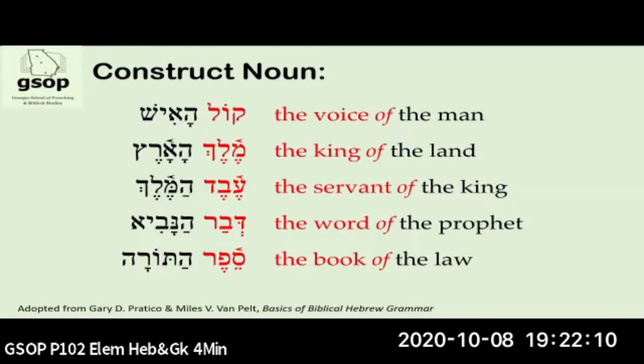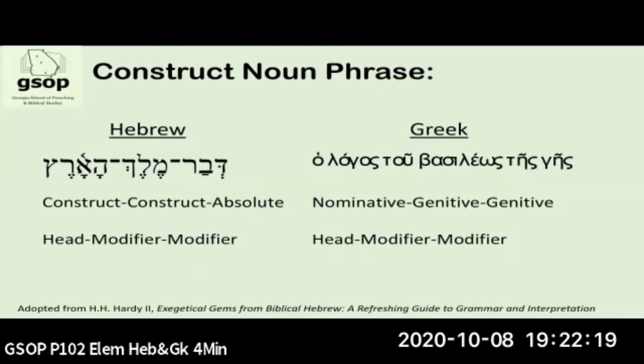It's called a construct chain. And all it is, is two nouns side by side. The last noun may or may not have the article, I'm going to get to that in a minute. Okay, so here's an example. Notice this has more than two nouns. It has three. The first word in the Hebrew is davar. The second word is melech. And the third word is haaretz.